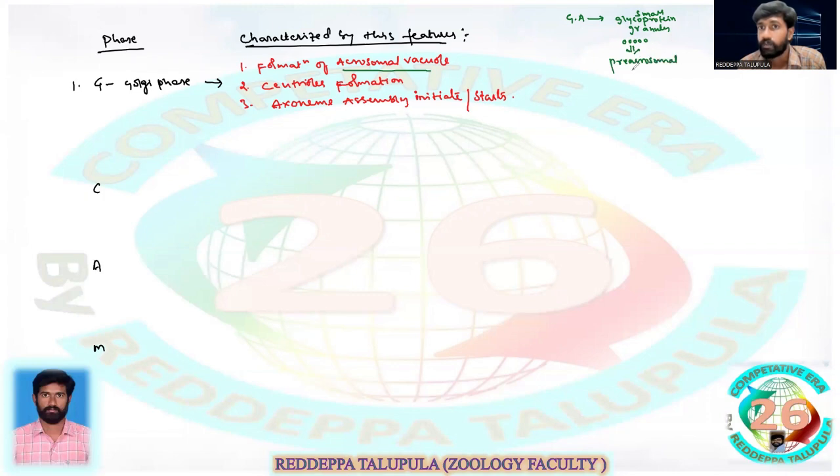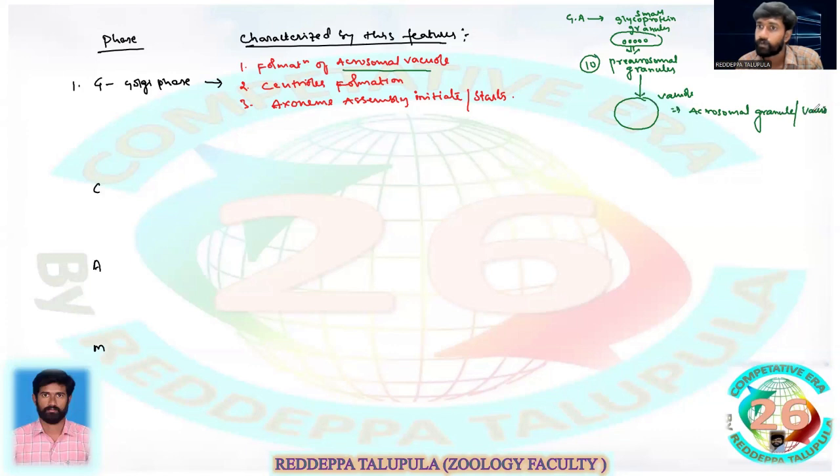If there are, let us say, 10 pre-acrosomal granules, these 10 will unite and form one big vacuole. This vacuole is now called the acrosomal granule or vacuole. Thus, this is the process in the formation of the acrosomal vacuole.